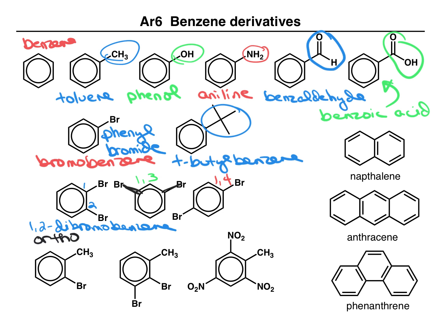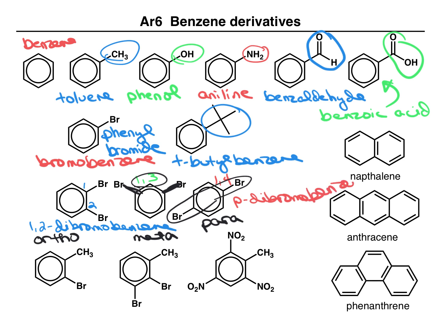When the groups are 1,3, this is meta. And when the groups are across from each other, this is called para. We say it ortho, meta, para, but we would write it, so let's just look at the last one. This one would be para-dibromobenzene. So we don't have to give the numbers 1,4. By saying that it's para, that tells us that the substituents are 1,4. Sorry, I don't have enough space.